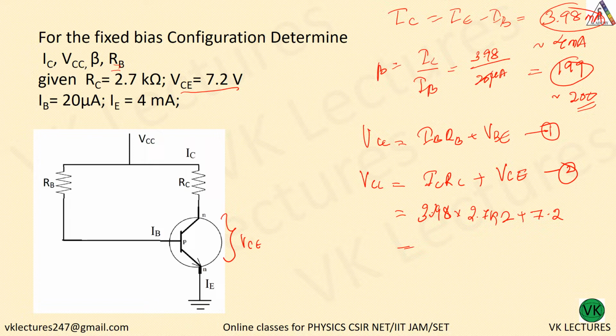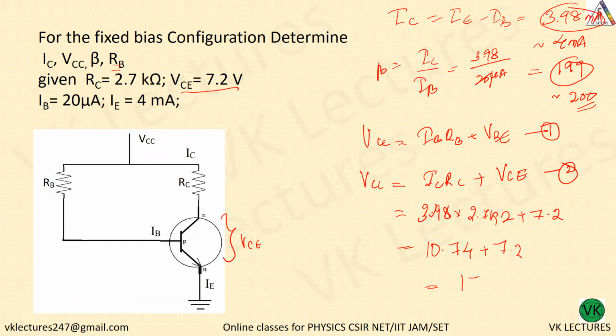See, in most of the cases you can use 4 also, but here let us go with the approximate value, 3.98 into 2.7. So 10.74. So 10.74 plus 7.2. So what is the value you are getting? 17.94.